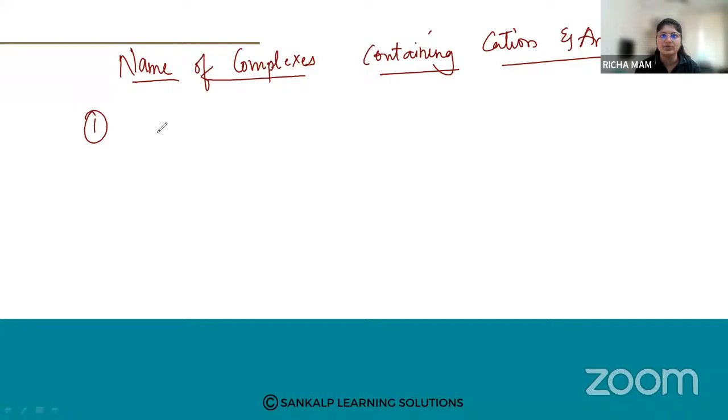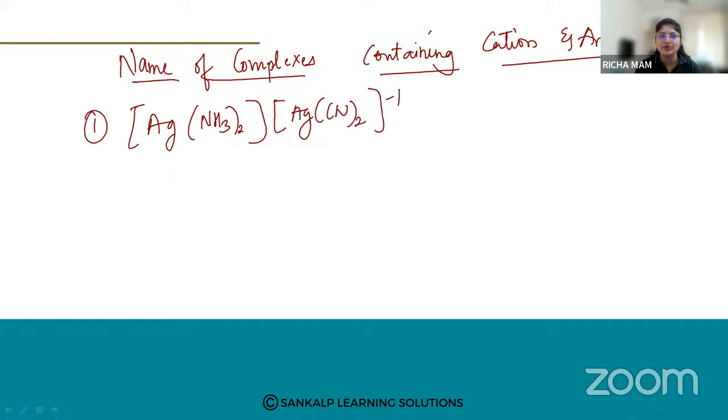Suppose I have one example: Ag NH3 twice and Ag CN twice minus 1. Both cation as well as anion are present. So this is an anion, and this is a cation.